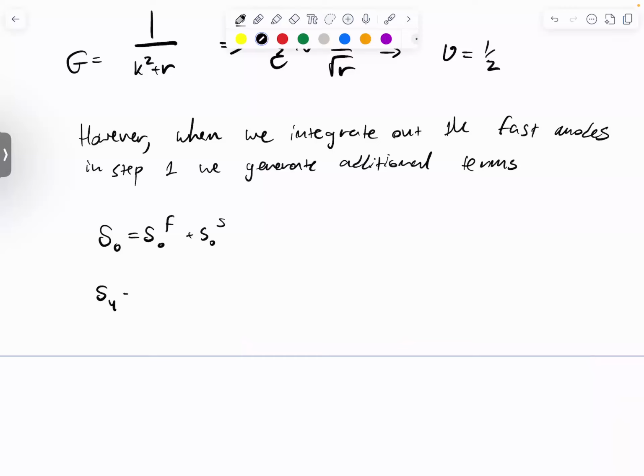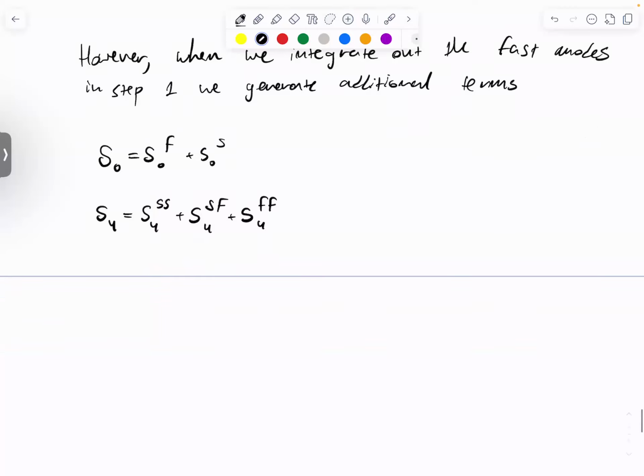Then S4 splits into S4 SS, S4 SF, and S4 FF. Okay, so basically this part is going to create a coupling between these two, and they're going to affect each other. And let's see how that thing works.